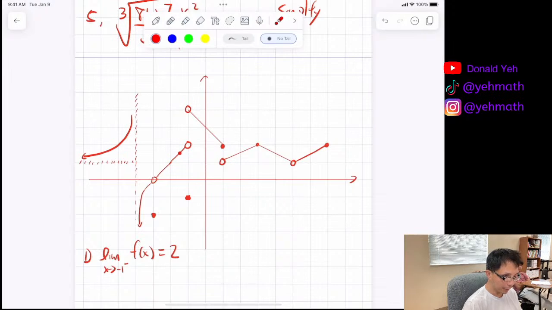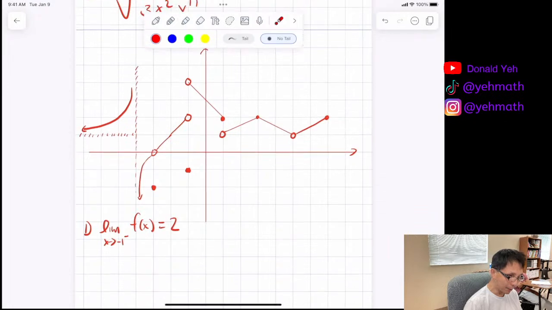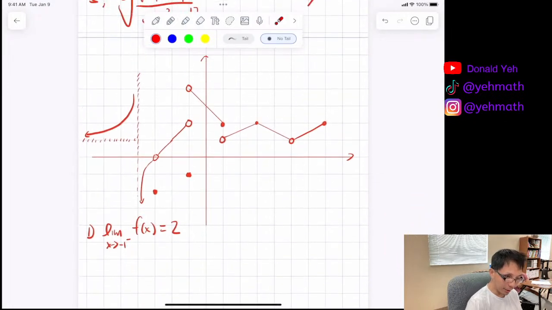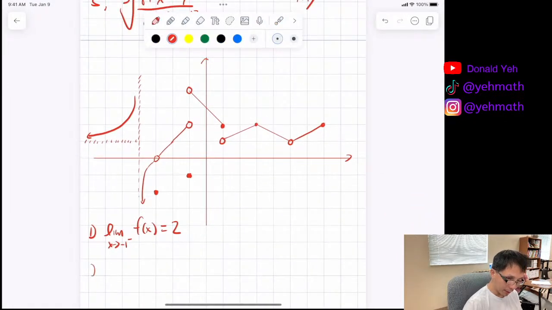Because you're going from the left end, you're going toward here, and that's the value of 2. Even though it's an open circle, it doesn't matter. The limit can approach the open circle, it can reach that, so it becomes equal to 2. However, let's try this again. Let's try the second question. How about the limit as x approaches -1 from the positive side?